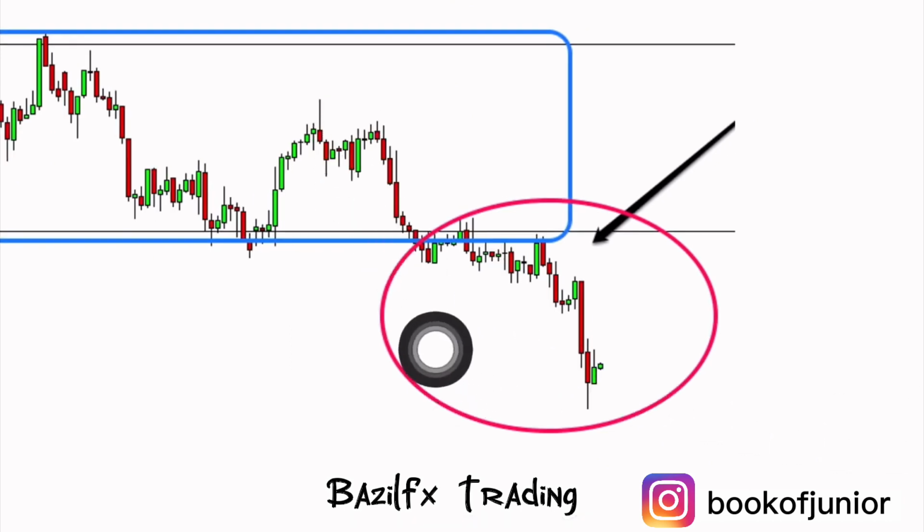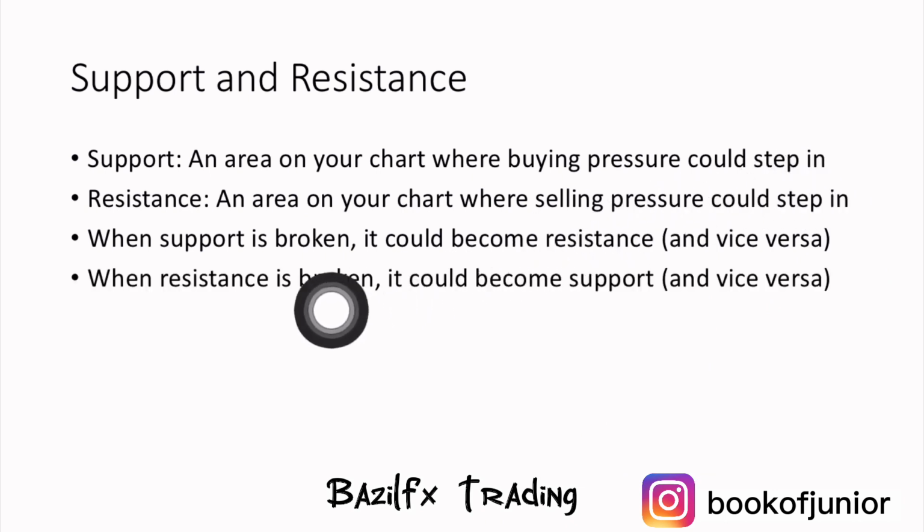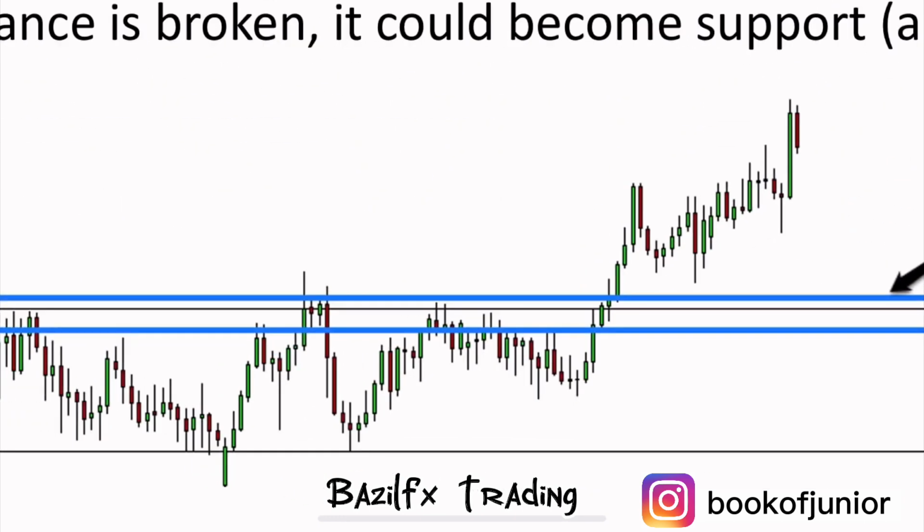Price breaks, it now becomes resistance, in a way that price is trying to retest and see if it can come back into this zone, but it fails, and now price comes down like this. So this is what they mean when support is broken, it becomes resistance. Then it's just the opposite when resistance is broken, it becomes support. You see, we have a ranging market.